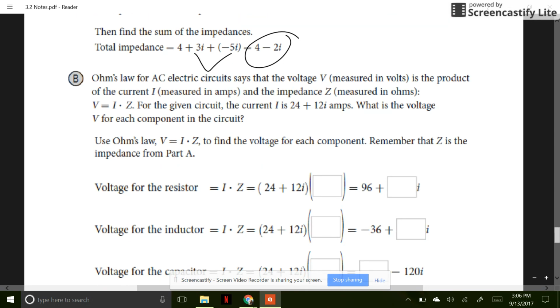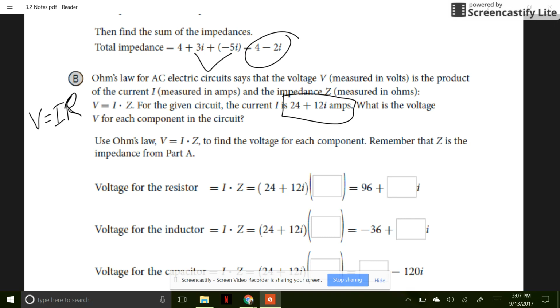So Ohm's law says that voltage V is the product of the current I and the impedance Z. You will more often see it in college if you take any electricity or magnetism courses. V equals IR. It's one of the really important equations you have to know. So for this given circuit, they're telling us the current I is 24 plus 12i amps.